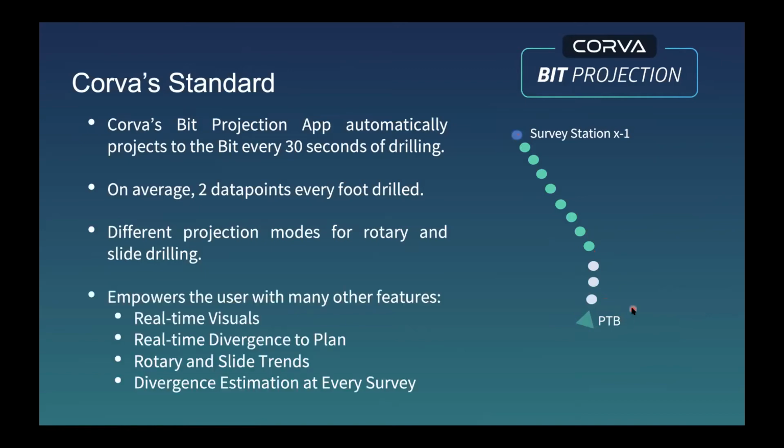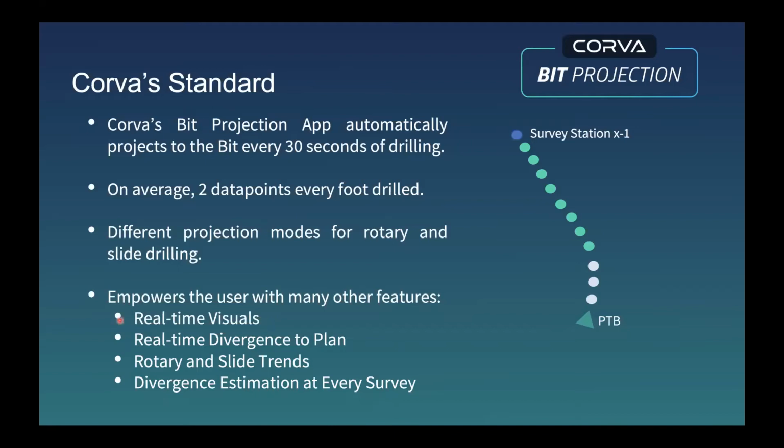Okay, so how does this help? This empowers users with many other features and enables real-time visuals. You can see how it's changing across the wellbore, whether it's sliding or rotating. We also calculate automatically at each of our projection intervals divergences to plan, so you can see how far above, how far below, left and right of the plan you are in real time, and whether you're converging or diverging from the plan.